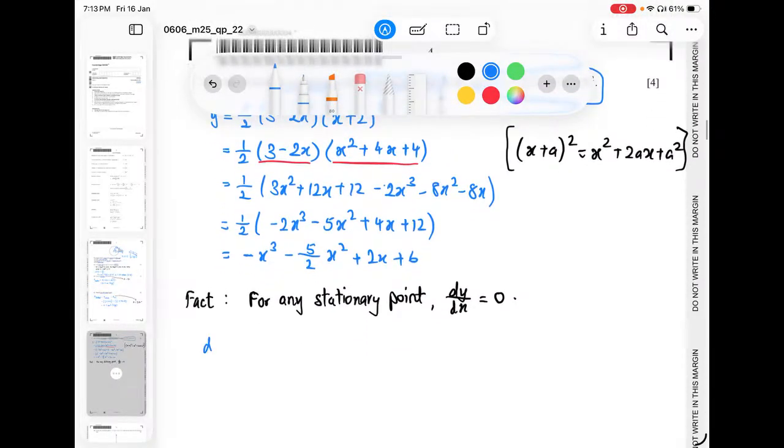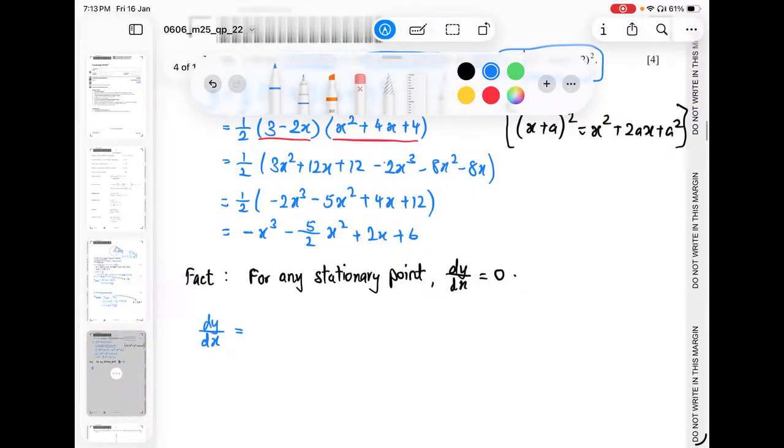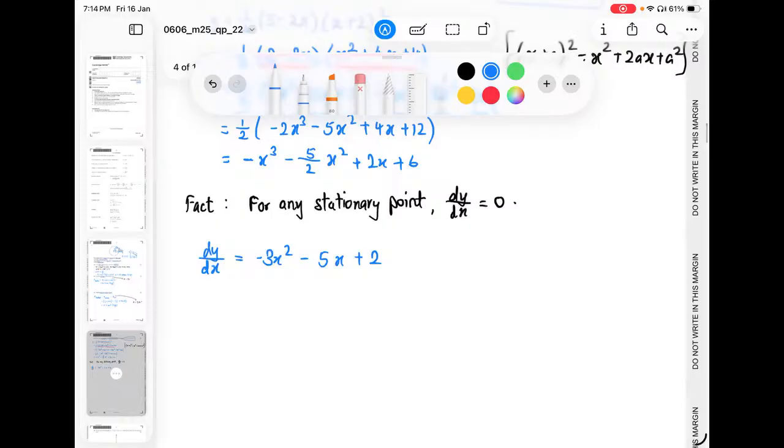You differentiate the equation first. That would give you negative 3x squared. Bring down the 3, reduce the power by 1. Again you bring down the 2, that should give you negative 5x plus 2. Now you set this dy over dx to be 0, and that should give you negative 3x squared minus 5x plus 2 equals 0.